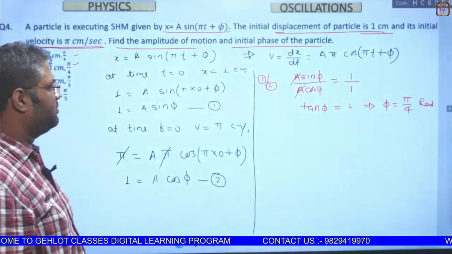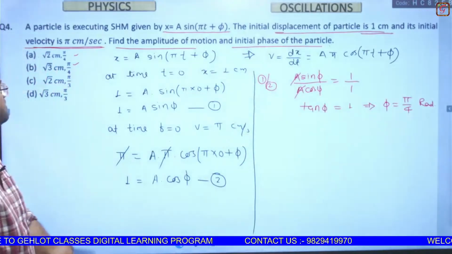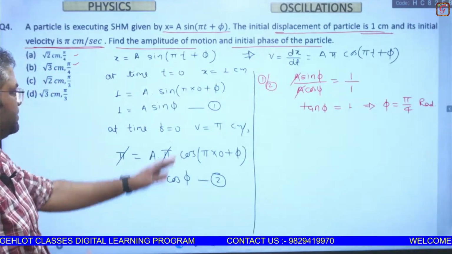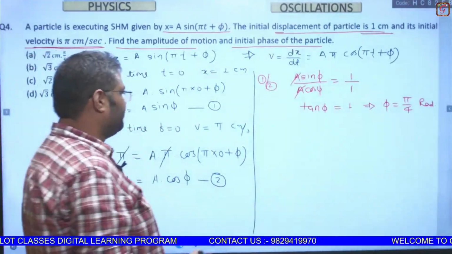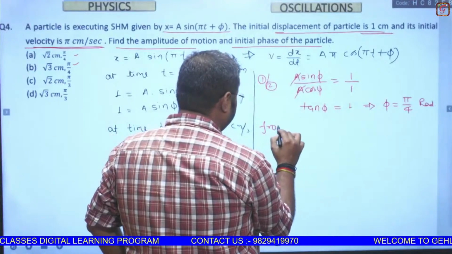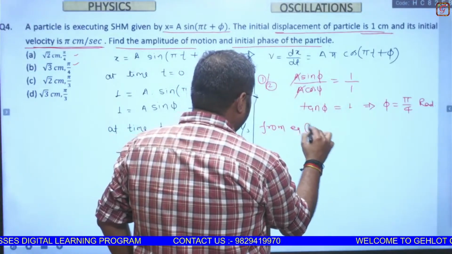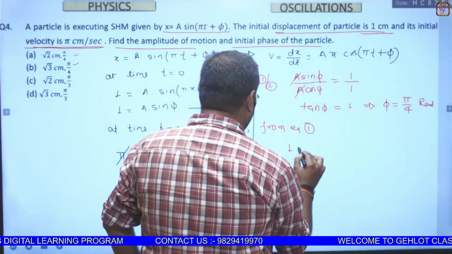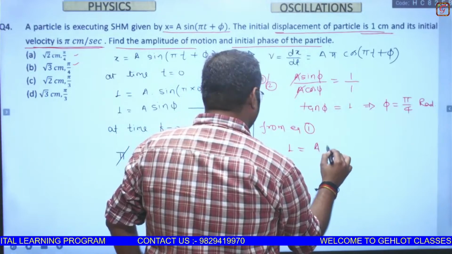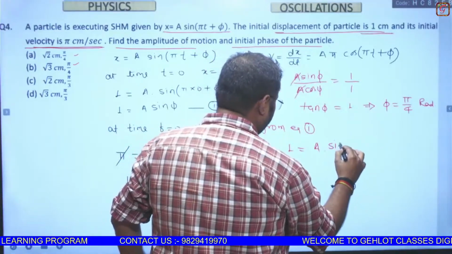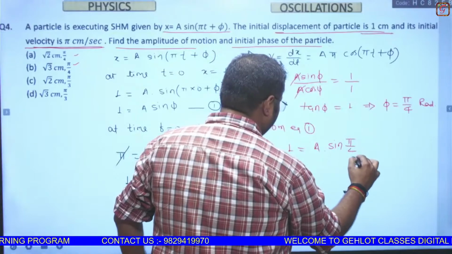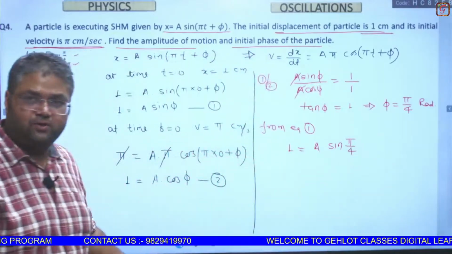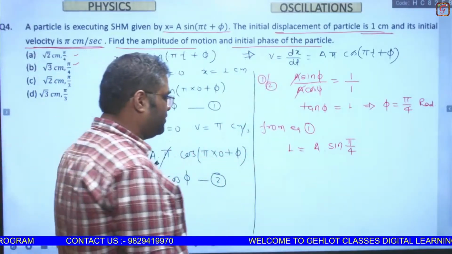Now we have to solve for the amplitude. So substitute the value of phi in equation 1. So from equation 1, 1 is equal to a into sin(pi by 4). So the value of sin(pi by 4) is 1 by root 2.